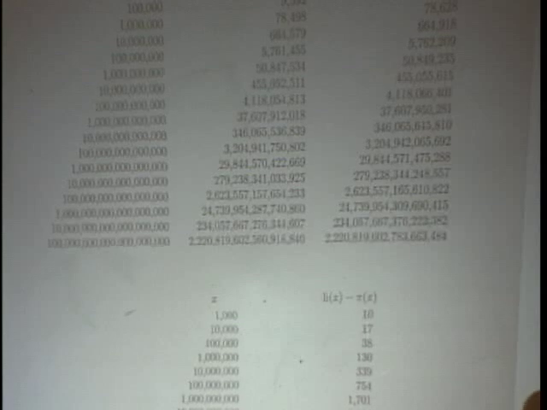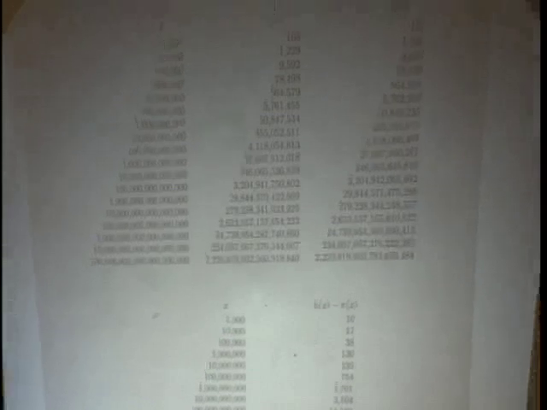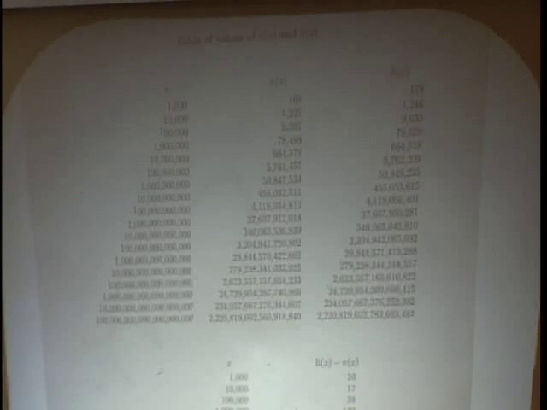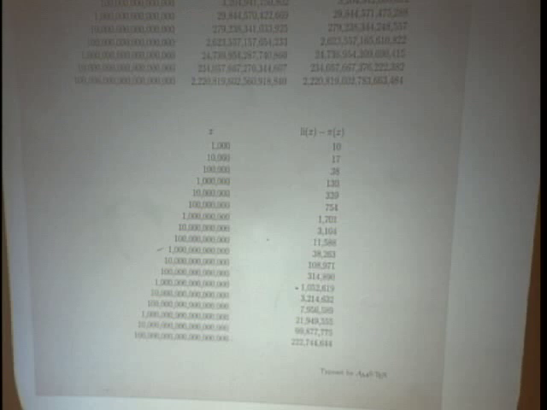This is a pretty extensive table giving the values of pi of x and the logarithmic integral of x. The bottom number here is 10 to the 20th, and that, as of a few years ago at least, was as far as pi of x had actually been calculated. And if you take a look at this second table here at the bottom, where I've given the difference between Li of x and pi of x, you can see that, roughly speaking, the difference between the logarithmic integral of x and pi of x is about square root of x.